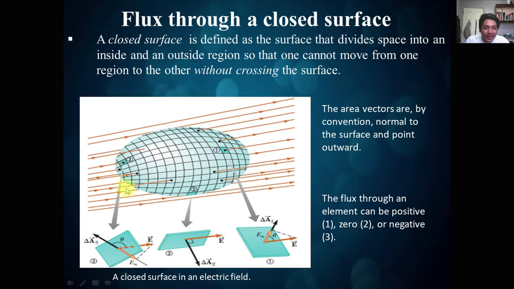And in this portion, number 3, we enlarge this plane, such that we have a normal vector in this direction, and the electric field is still in this direction. As you can see, the angle is greater than 90 degrees. So what do we expect? That the flux here at number 3 is a negative value. That's what I told you a while ago.